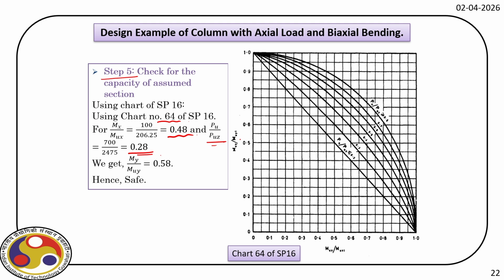So from this curve, we can actually find out Muy by Muy, which is 0.58, and hence it is safe. So you can see the values of Pu by Puz are marked here, and accordingly these curves are produced. So we can cross verify the capacity of the assumed section starting from the X direction and going to Y.